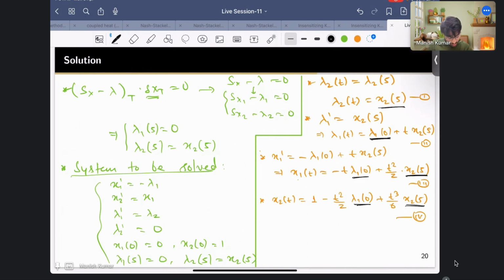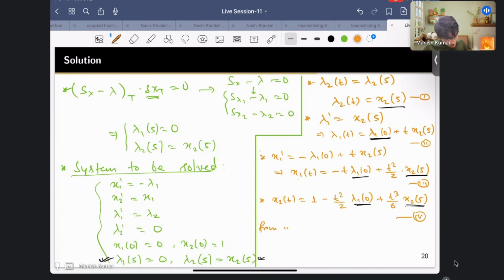Correct? What we have not utilized so far, let's see. So we have not utilized this one, that lambda 1 at 5 is equal to 0. We have utilized this condition. Okay, so let us see, for that let us consider the second equation.